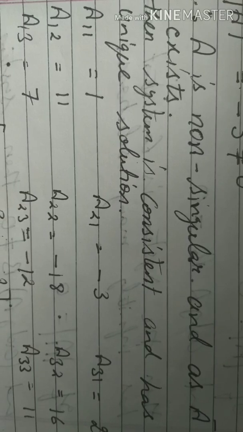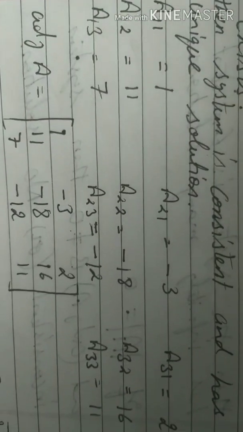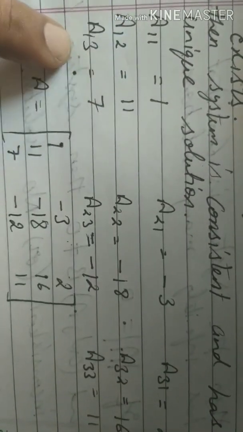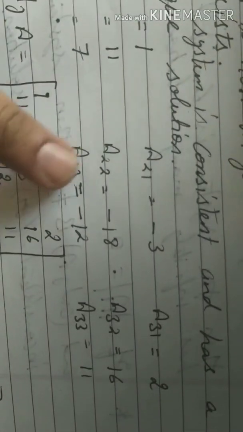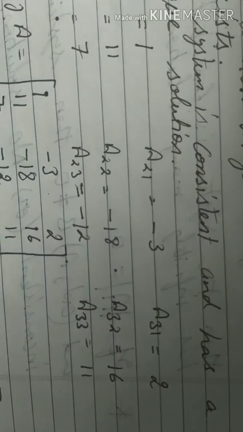After that we find the adjoint. To find the adjoint, firstly we find the cofactors a11, a12, a13, with the same previous method a21, a22, a23, a31, a32, a33.